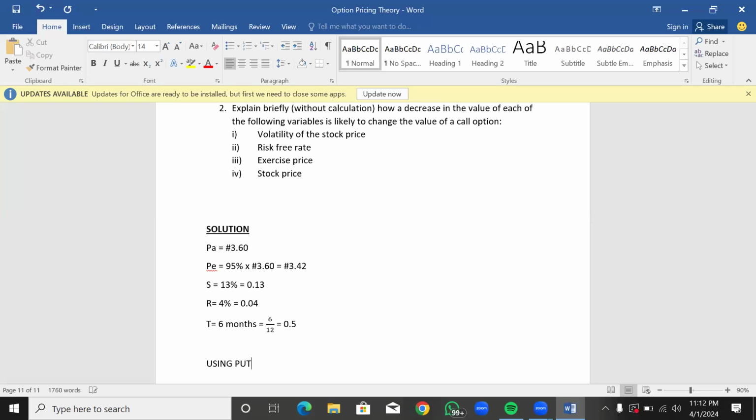I like this question because it allows me to touch both. I'm not touching the solution for call, and I'm not touching put call parity again because it covers everything. So now let's use our put call parity.